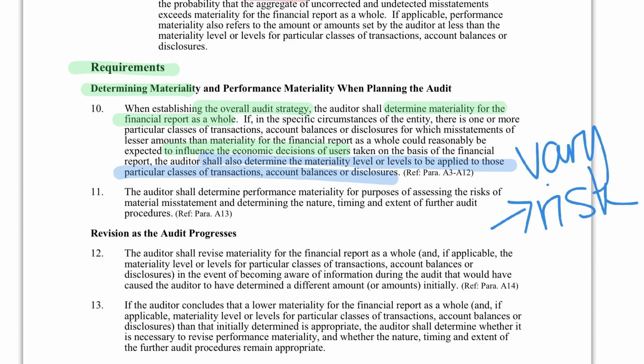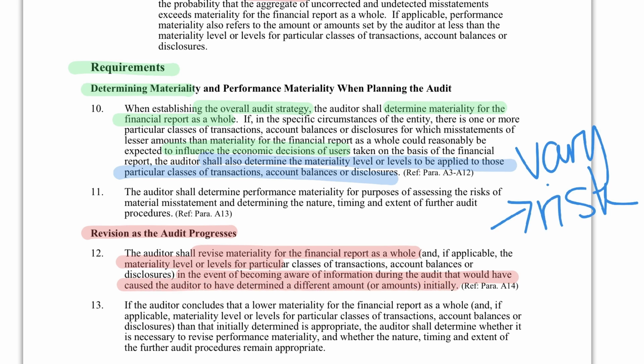The next section in terms of paragraph 12 is really important. Revision as the audit progresses. The auditor shall revise materiality for the financial report as a whole or for particular levels in particular areas if we become aware of information that would have caused the auditor to have a different amount initially.